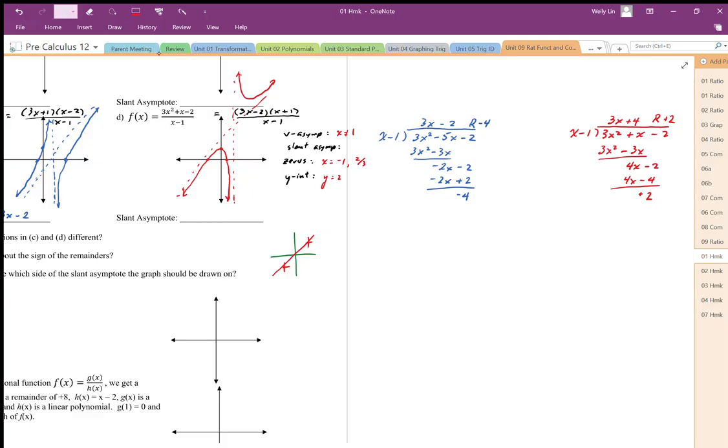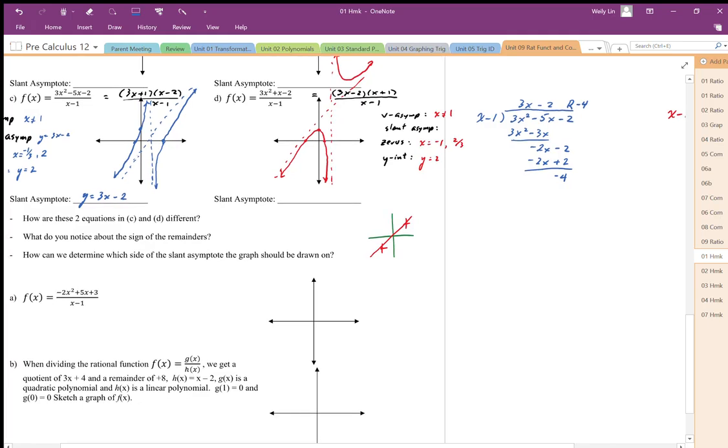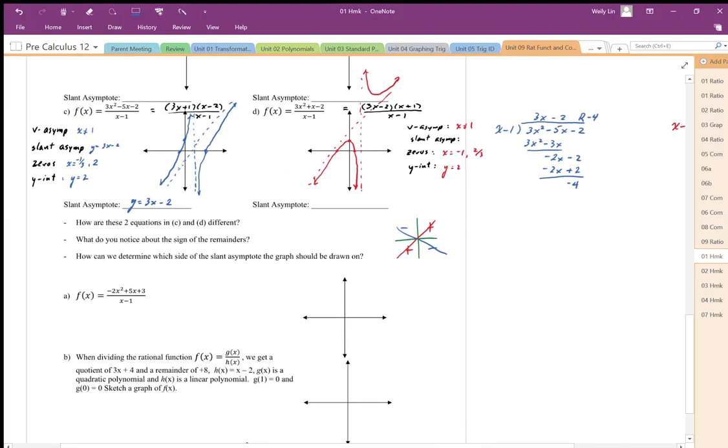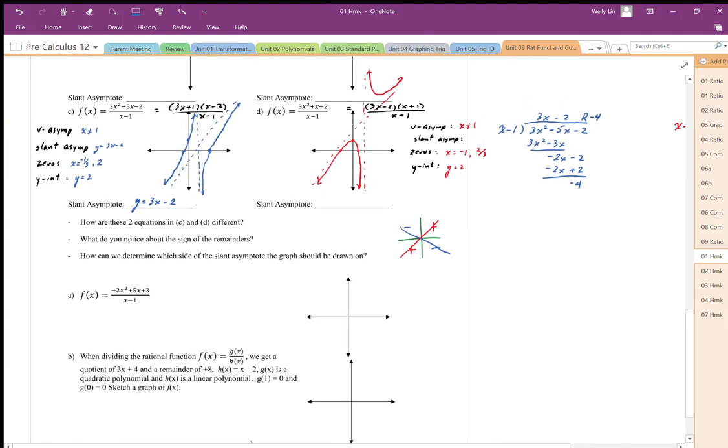The blue graph, the original one, has a remainder of negative 4. Well, then that follows a negative diagonal. And although the coordinates forced me to this diagonal here, if I look at that diagonal there, that is a negative slope diagonal. Okay, it goes through the negative quadrants like that. So our remainder allows us to anticipate which quadrants between the asymptotes we're going to draw our graph.